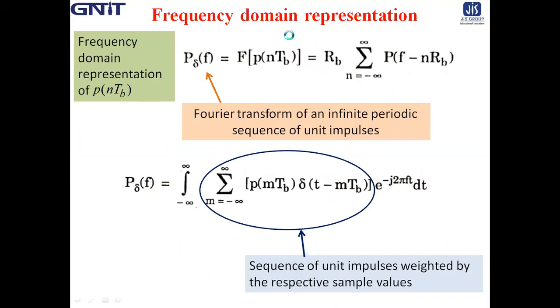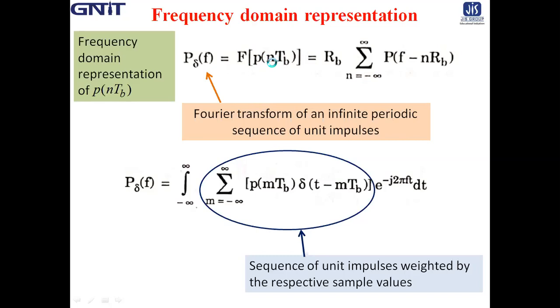Next is the frequency domain representation. This is the main part of this section. Let us consider that the sequence of samples is represented by p(nT_b) after the process of extraction.